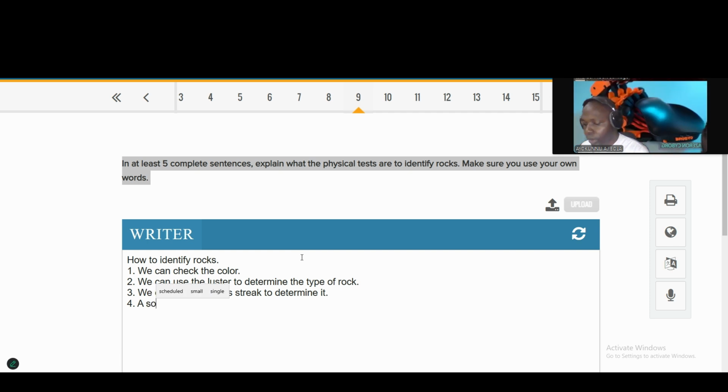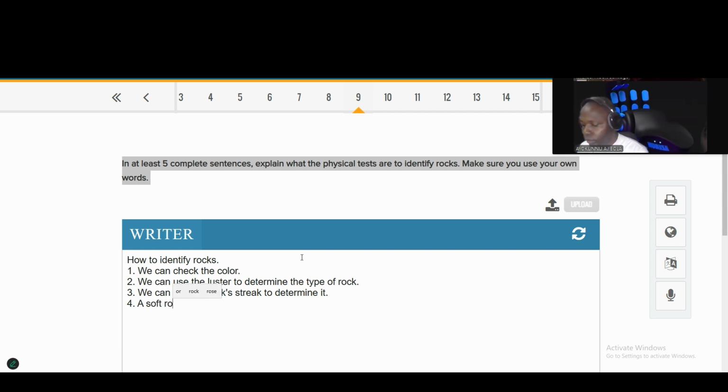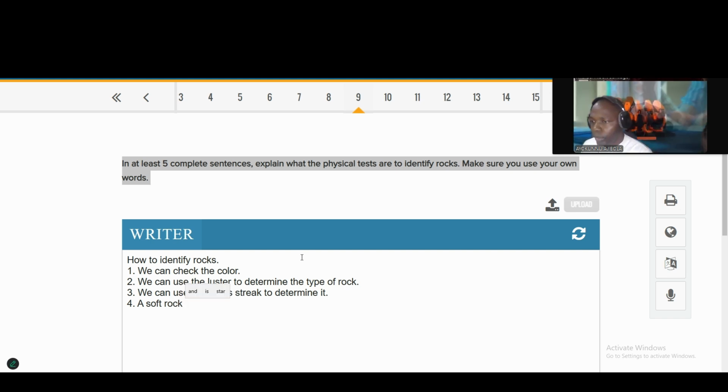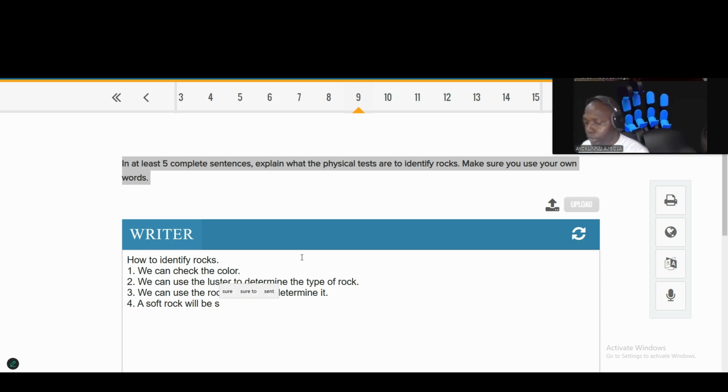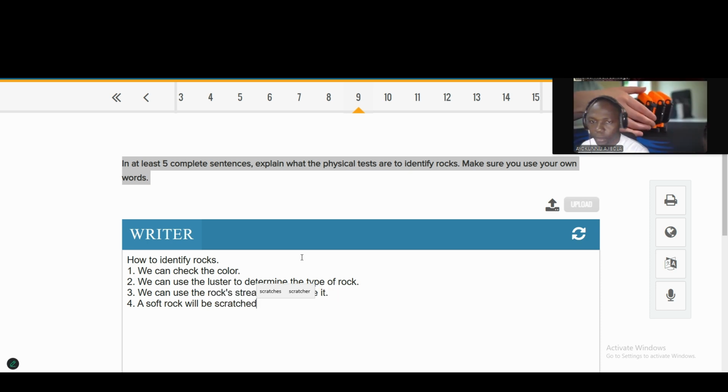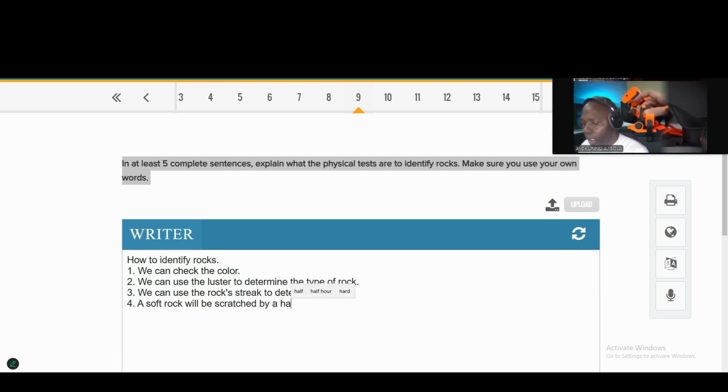But number four, a soft rock will be scratched by a harder one.